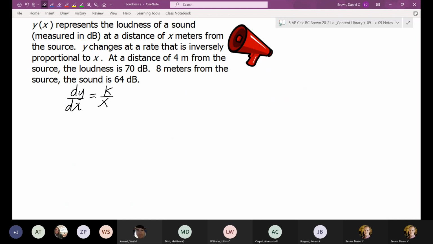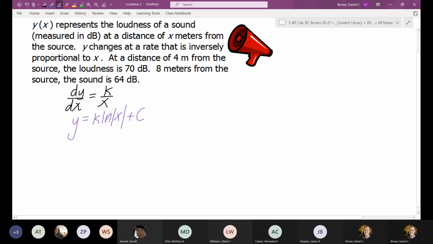Do I want to ask, is this one our special one that we can memorize and use the exponential trick? No, that only works when you have k times y. There's not even a y, so that's not an exponential one. Integrating it, we have y equal to k times the natural log of the absolute value of x plus c.